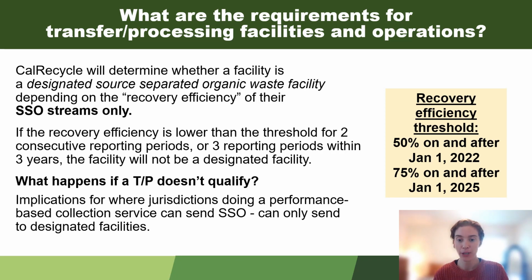If the recovery efficiency at that facility is lower than the threshold, again outlined in yellow on this slide, for 2 consecutive reporting periods, or for 3 reporting periods within 3 years, that facility will not be considered a designated SSO facility. The threshold is the same as it is for a high diversion, 50% on and after January 1st, 2022, and 75% on and after January 1st, 2025.